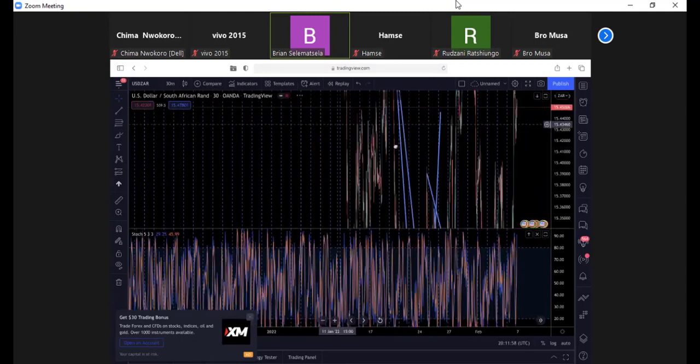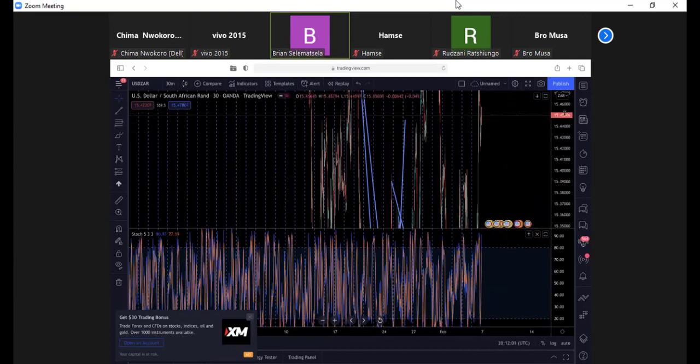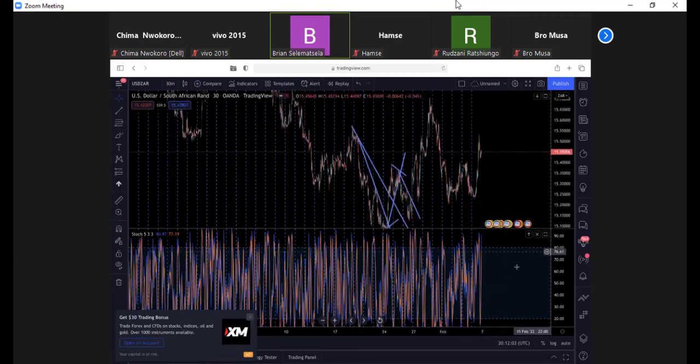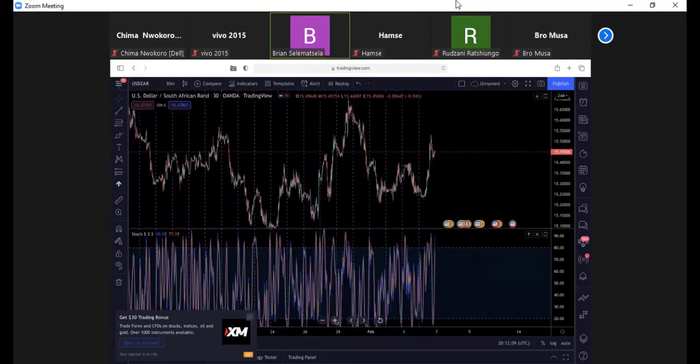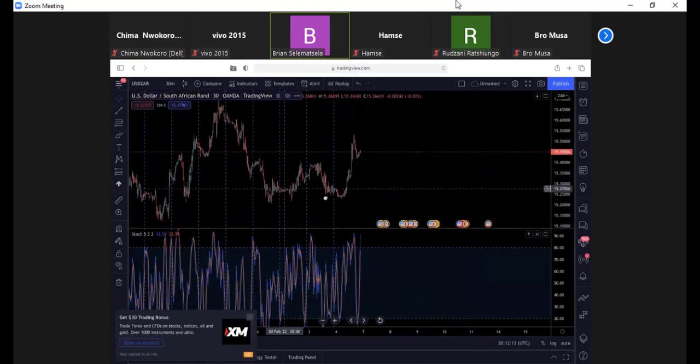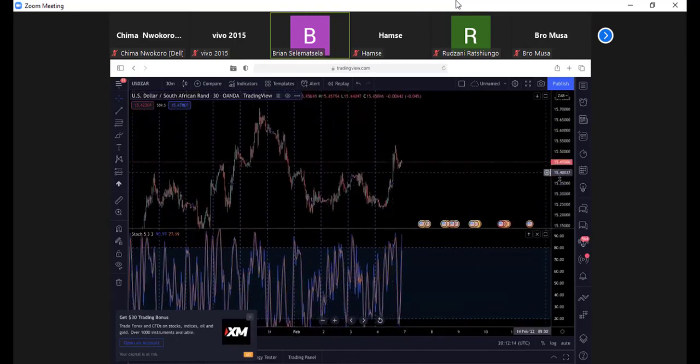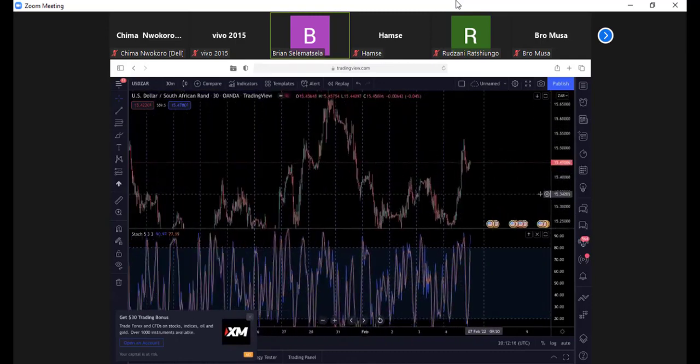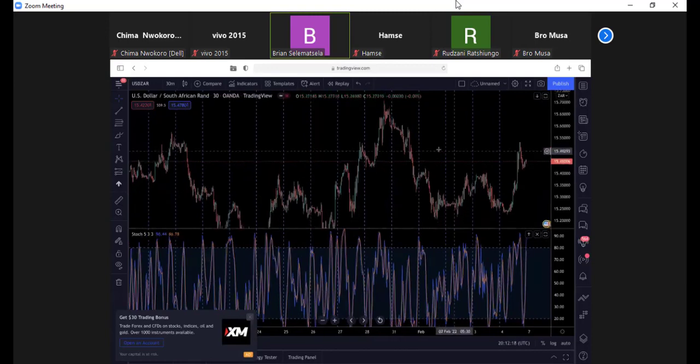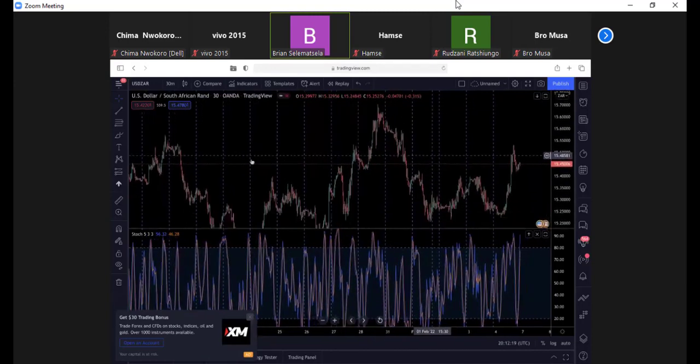I think it was in the morning actually on Friday, and we saw this trade, and we've analyzed it, and what we were seeing here was very clear. I'm going to repeat what we've seen at that particular time.